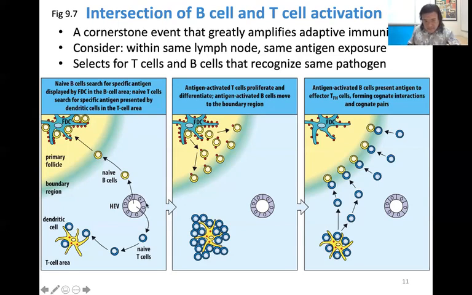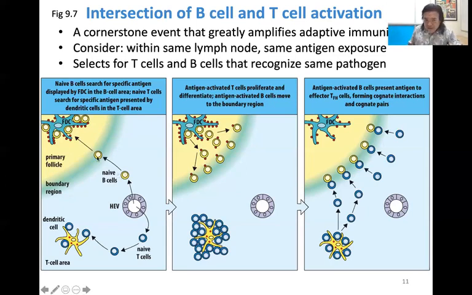So let's look at this here. Naive B cells, naive T cells, they enter this lymph node. It could be that this naive B cell and this naive T cell have been floating around together in the blood, and they never even realize that they're meant for each other, because neither one of them is activated yet. But they come into this lymph node, and there's evidence of antigen from the site of infection.